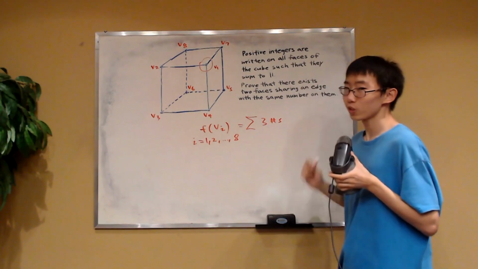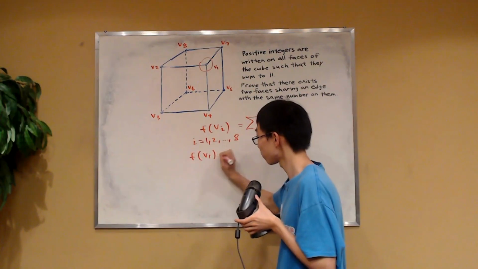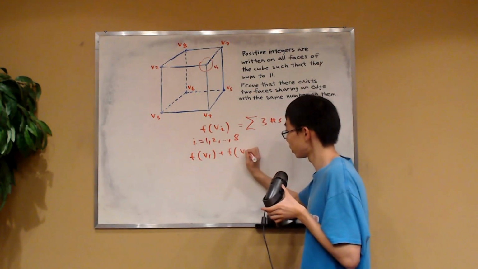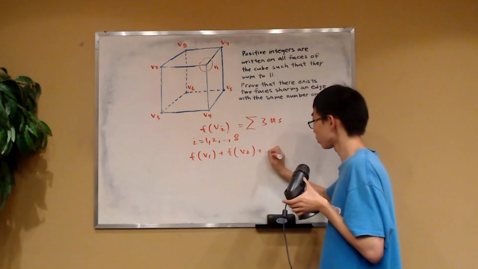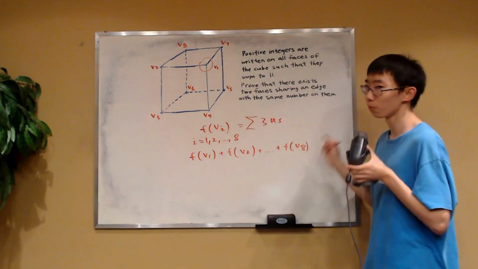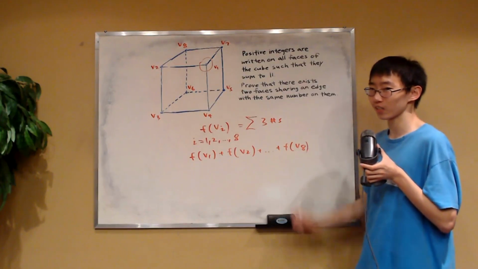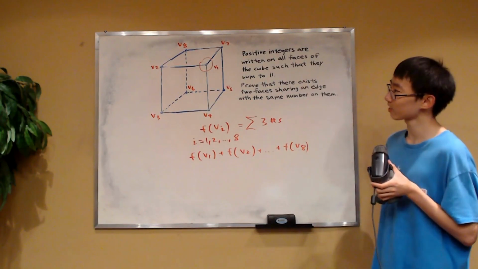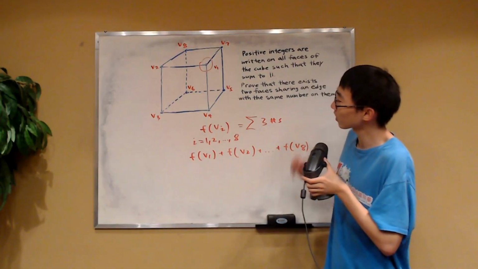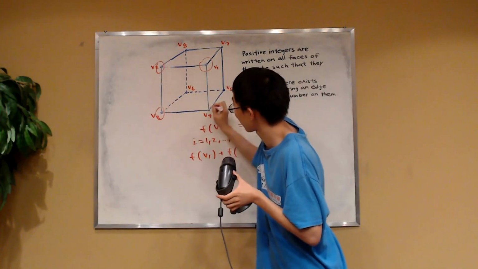Now, I want you to consider the value of f of V1 plus f of V2 plus all the way to f of V8. What is this sum? Well, this is actually not very hard to calculate. Take the face defined by this vertex, this vertex, this vertex, and this vertex.